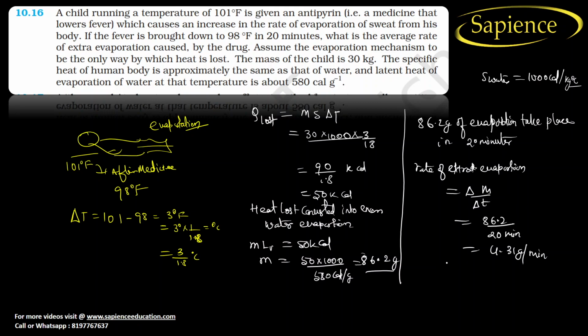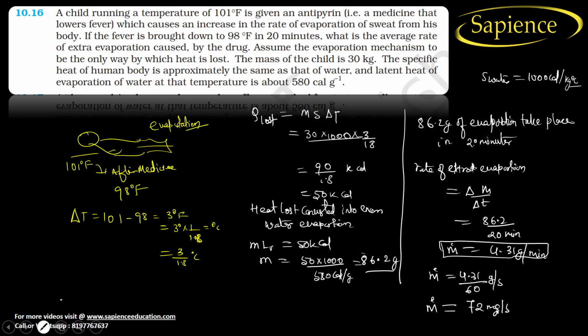If we convert it into seconds, this is the rate of mass evaporation, and it will be 4.31 divided by 60 gram per second. So this will be m dot, equal to 72 milligram per second. I hope you have understood this.